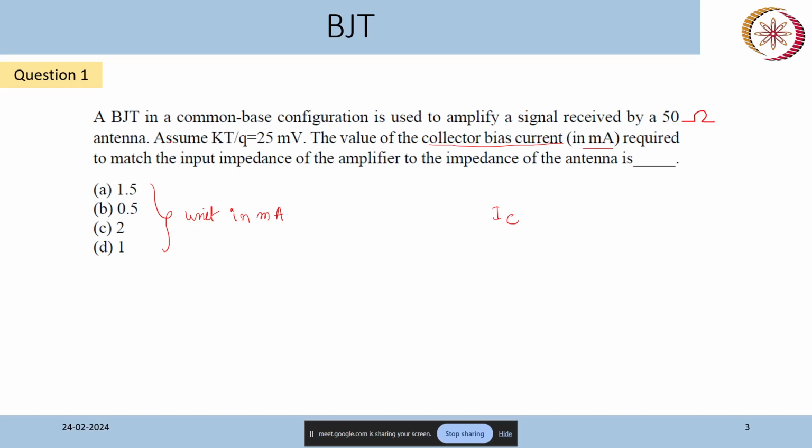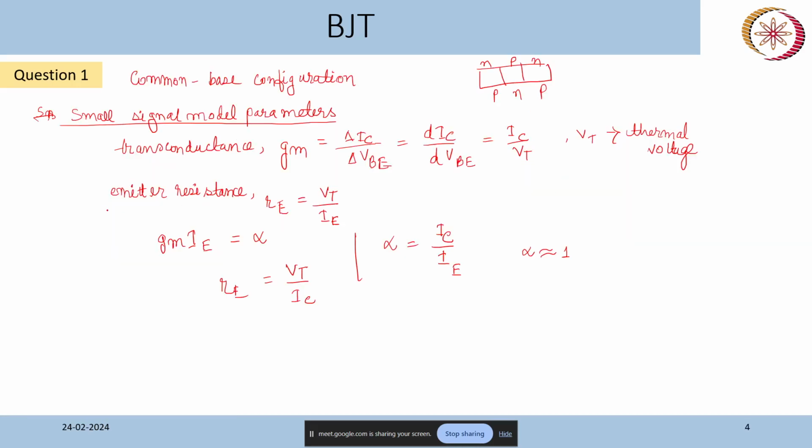Okay, so here BJT is in common base configuration, and we need to calculate the collector bias current, that is IC, to match the input impedance of the amplifier to the impedance of the antenna. So what is the impedance of the antenna? That is 50 ohm. You can consider it is just like a 50 ohm resistor connected at the input side. Now we get the emitter resistance, and for this circuit, that will be the impedance if we look from the input side.